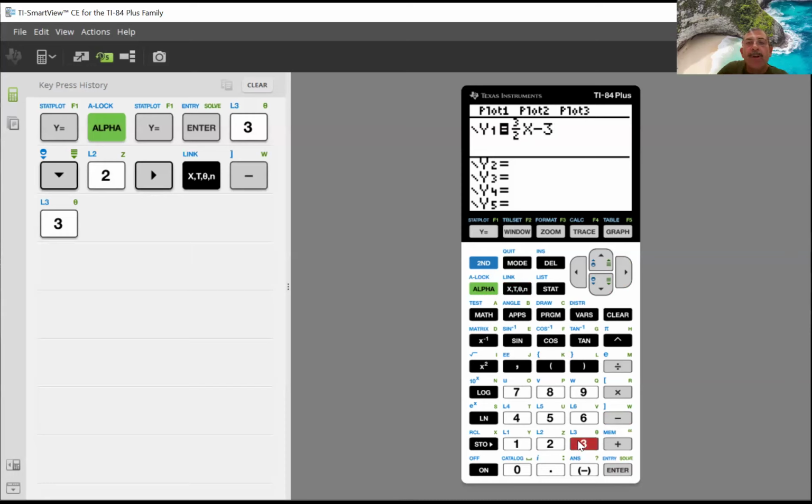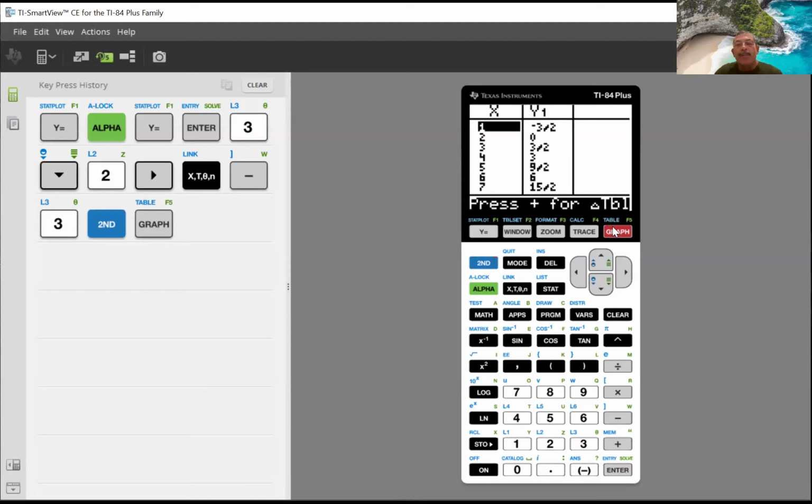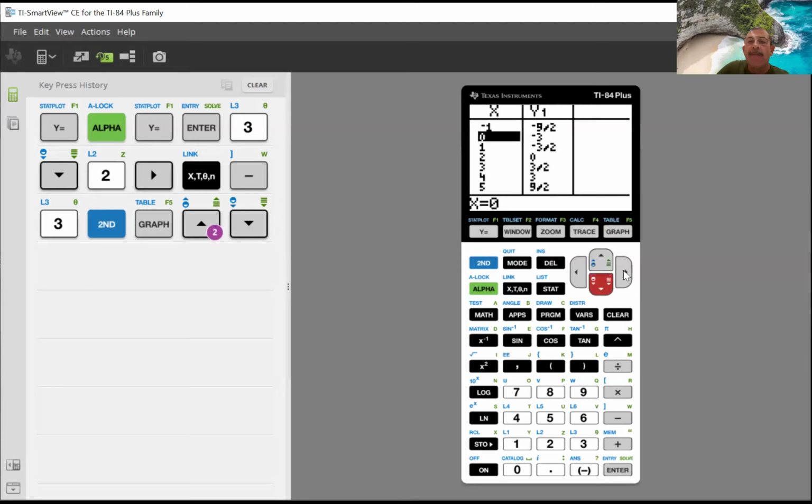So the first thing I'm going to do is show you how to find points. If you want to get points for the graph, you hit second, which is the blue button, and then the graph button. That pulls up our table. So here's the point I picked, 0. Notice it had a y value of -3.